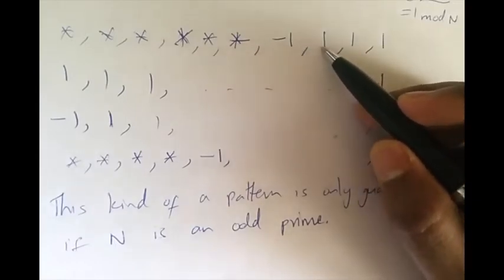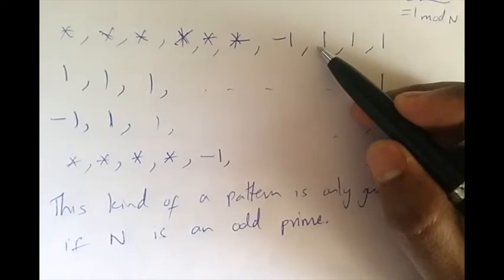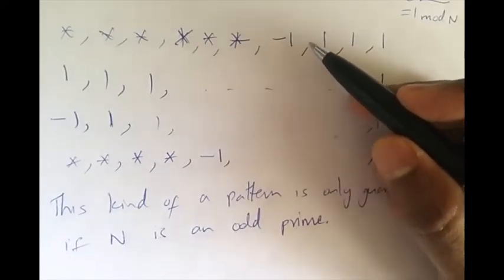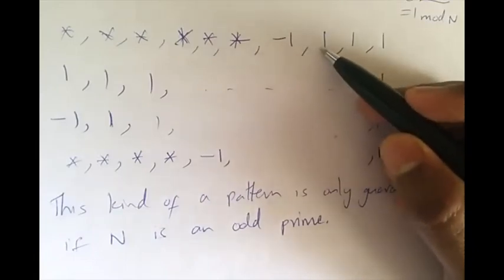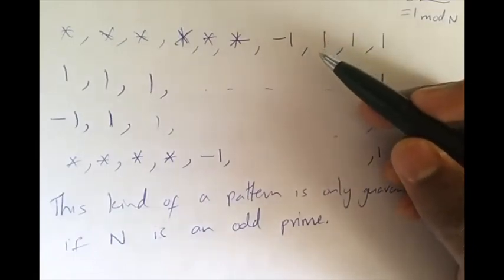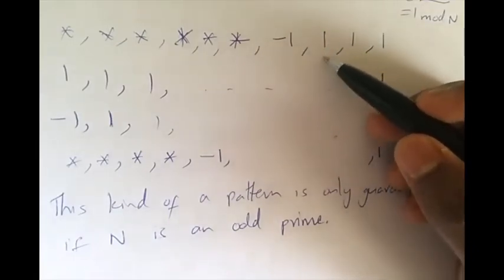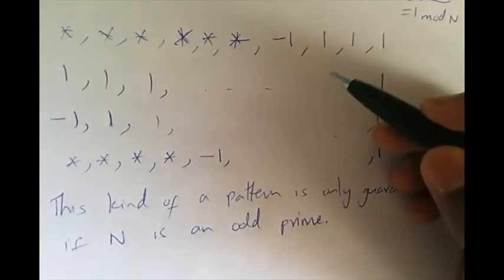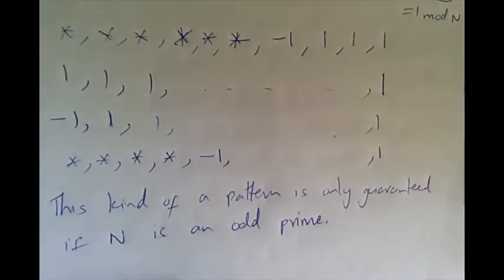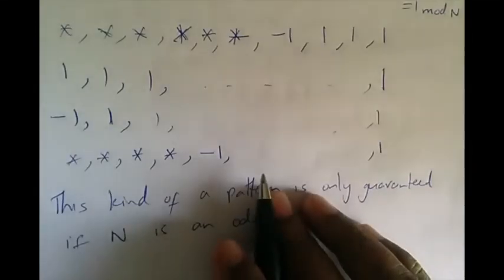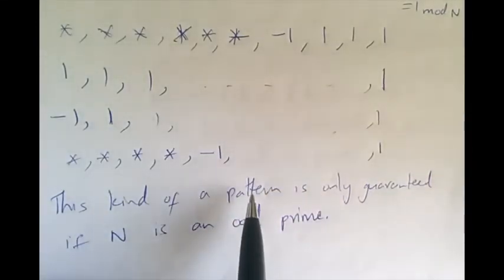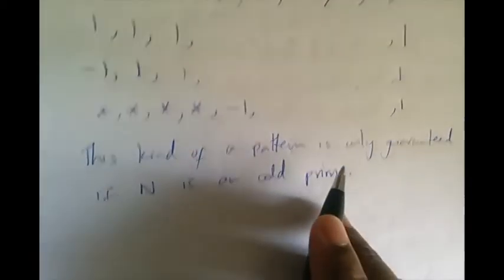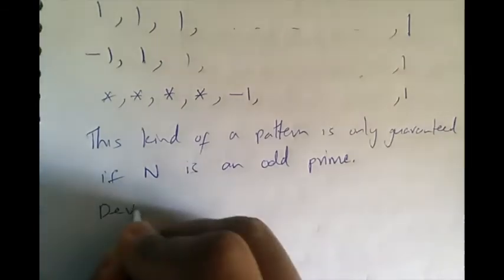Then we know that n cannot be a prime, because instead of minus 1, I see a 5 here. So any deviation from this pattern will reveal that n is composite.